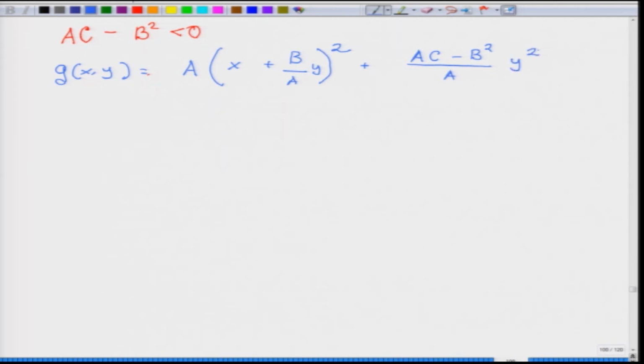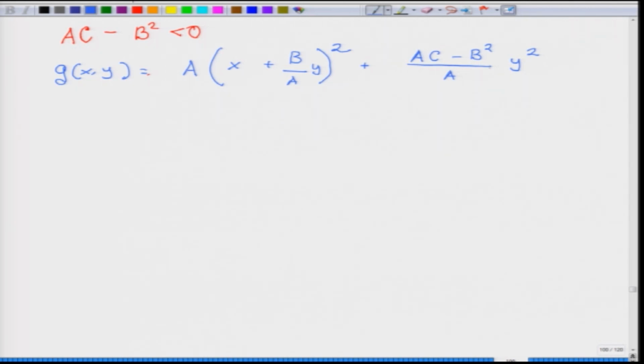We just need A not equal to 0 for this expression to be meaningful, and when AC minus B square is strictly less than 0, A cannot be 0, right. If A is not equal to 0, then this is a valid expression, right.